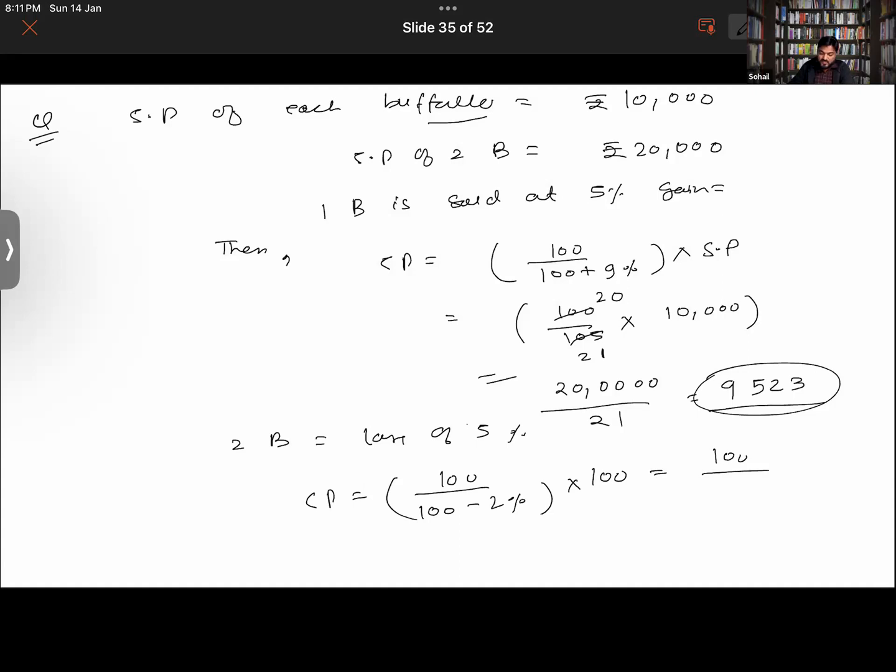So 100 upon 100 minus 10, that is 90. So that is 100 upon 90 multiplied by 10,000. That should give you 1000 upon 9. So that is how much?